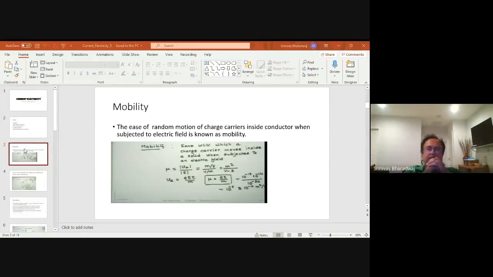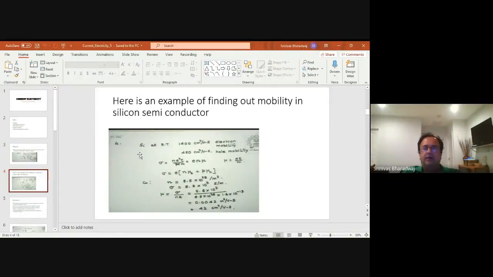Vd by E will give you the mobility. Therefore, from that relationship, you can say that the mobility is e times tau divided by m, where tau we discussed in the previous case, which is based on the mean free path, right? So mu is equal to e tau by m, where e is the charge of an electron and m is the mass. So that gives you your relationship.